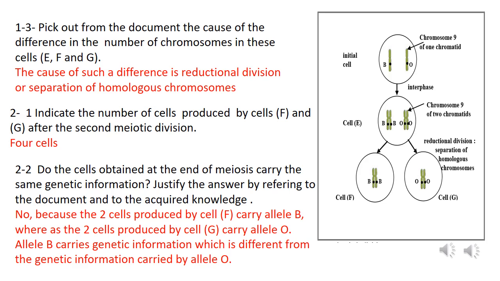Because the 2 cells produced by cell F will carry the allele B, just like the cell F. And the 2 cells produced by cell G will carry the allele O, just like the cell G. Of course, these are the 4 cells obtained at the end of the second meiotic division. Allele B carries genetic information which is different from the genetic information carried by allele O.